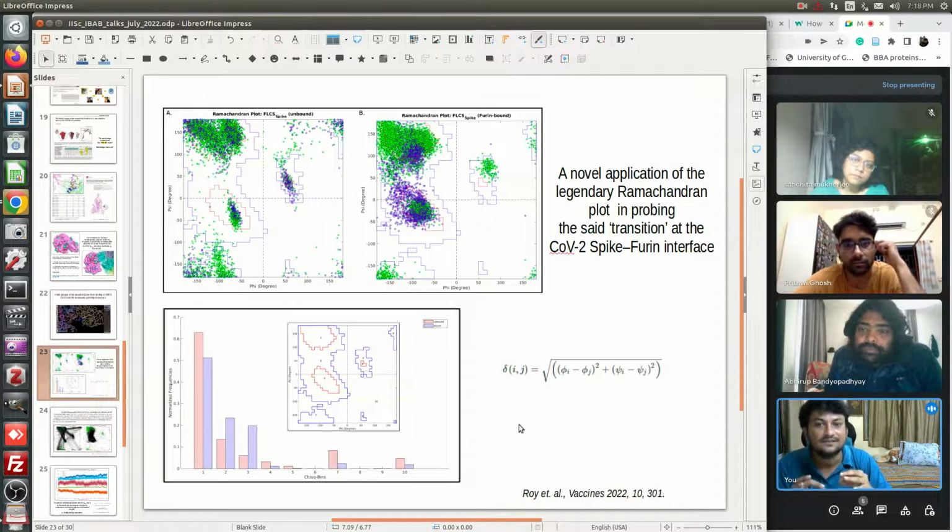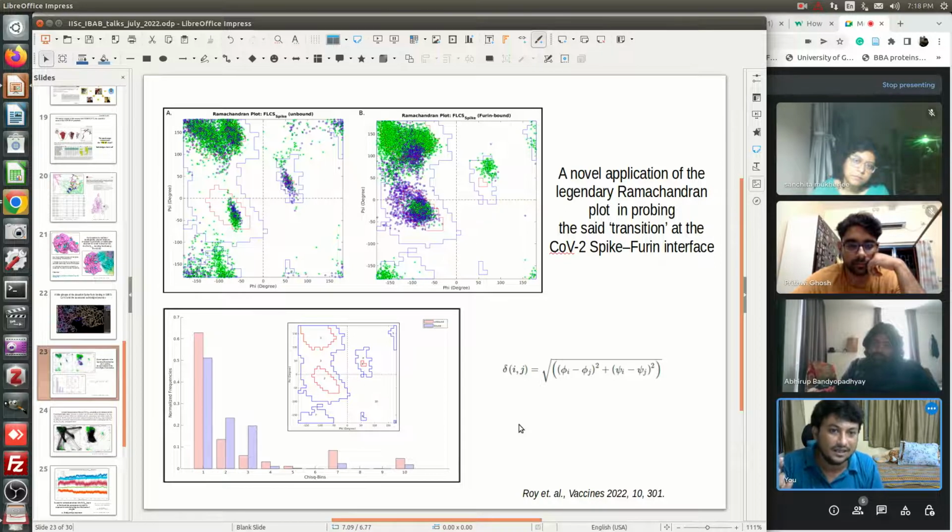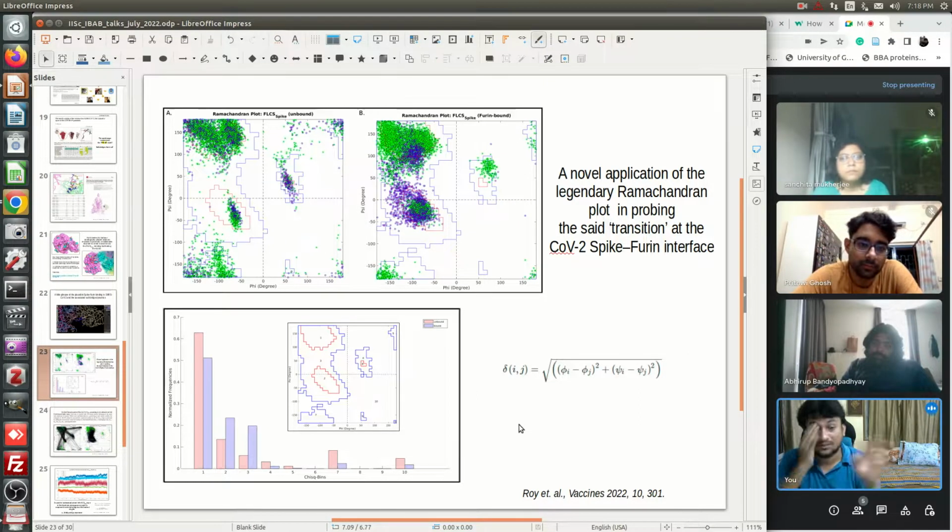And it is very interesting that for the 3 arginines, there are always 3 negatively charged residues coming from furin, and these 3 charged residues have a lot of backup. So if at one instance, at one frame, a salt bridge is not forming with, let's say, residue 1, it is always forming with residue 2 or residue 3, because it's not a limited number of negatively charged residues around that.